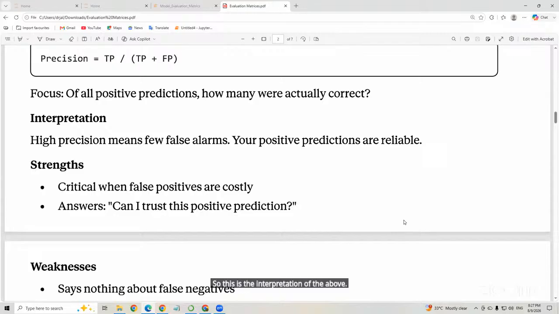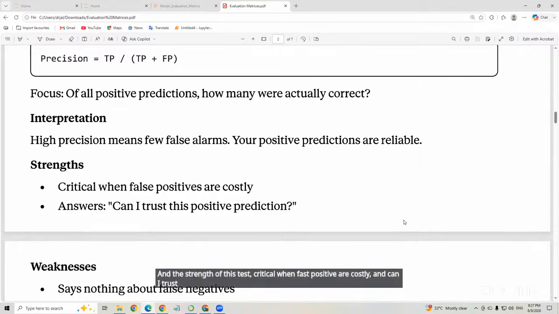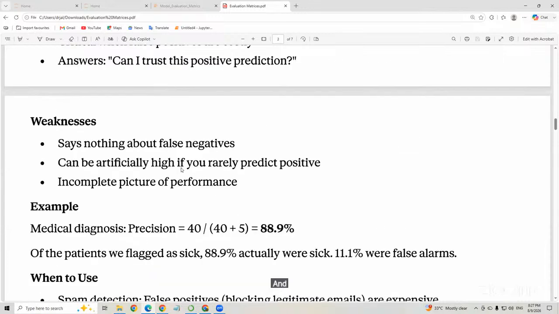We can easily say high precision means few false alarms, and your positive predictions are reliable. The strength of this test is that it is critical when false positives are costly, and answers can I trust this positive prediction? And weakness, see the example. Medical diagnosis precision. I have the values which we are computing in our matrix.